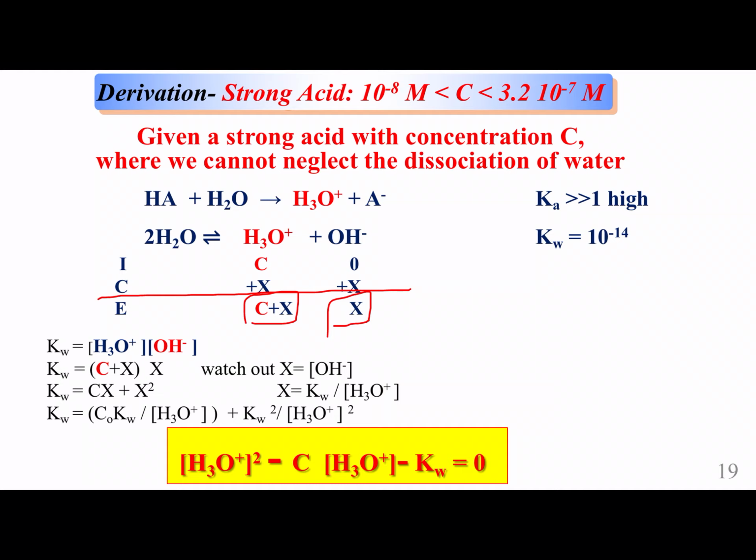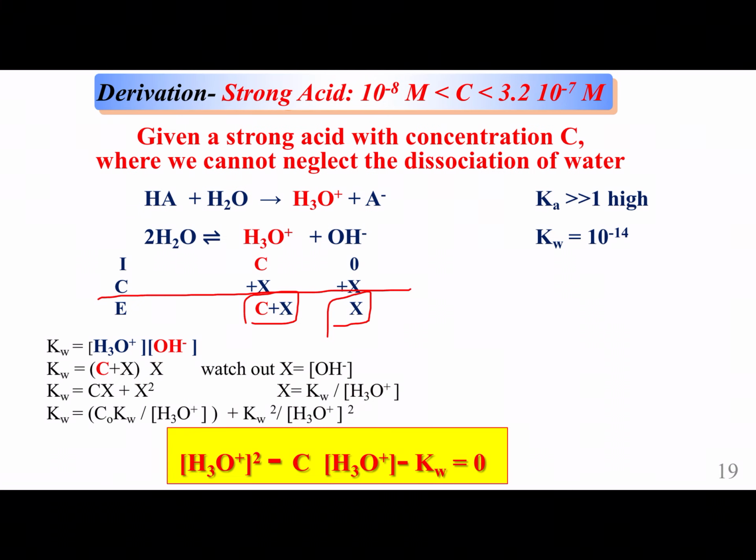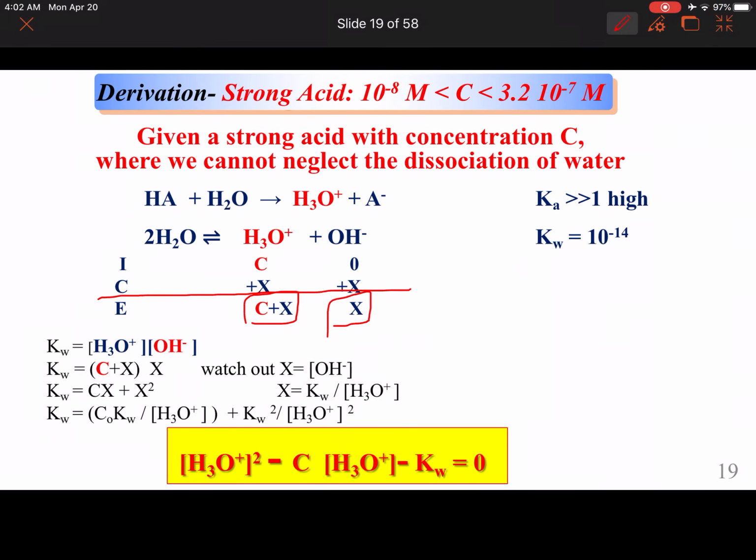Now substitute in, instead of x, put Kw divided by H3O plus, and instead of the x value here, also do that. So just substitute for the x, Kw divided by H3O plus, and what you end up getting is this quadratic equation. Of course, you have to multiply. You do some mathematics here, multiply everything.